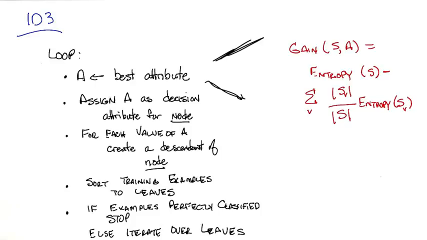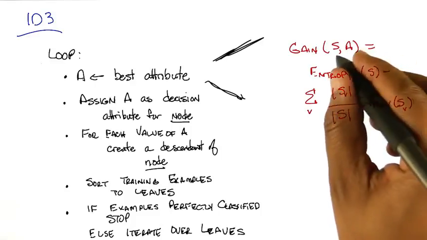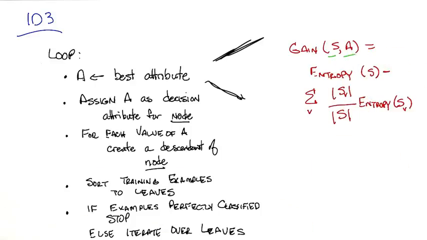So the formula is simply this. The information gain over S and A, where S is the collection of training examples that you're looking at, and A is a particular attribute, is simply defined as the entropy, with respect to the labels, of the set of training examples you have S, minus the expected or average entropy that you would have over each set of examples that you have with a particular value.